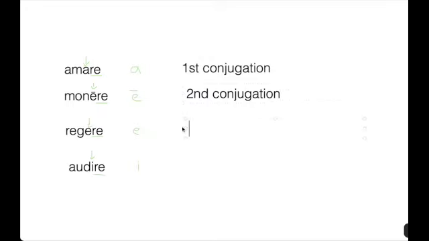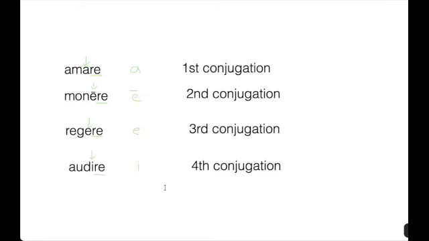Reggere, which has a short E, belongs to the third conjugation or the short E conjugation. And audire, which has an I, belongs to the fourth conjugation or the I conjugation. And the reason this is important to know which conjugation the verb belongs to is because of the endings. So the endings and the way we form different forms of the verbs will be different depending on which conjugation the word is in.